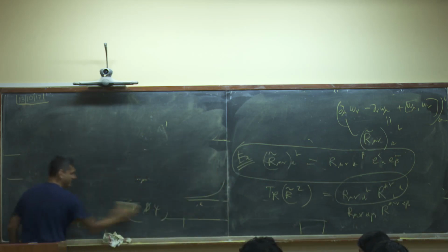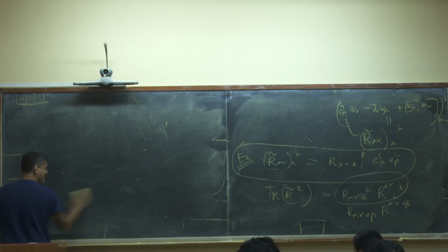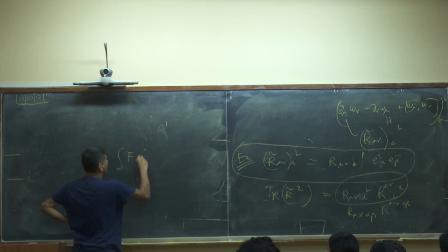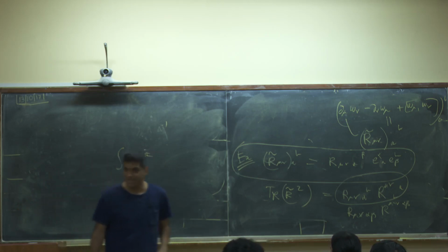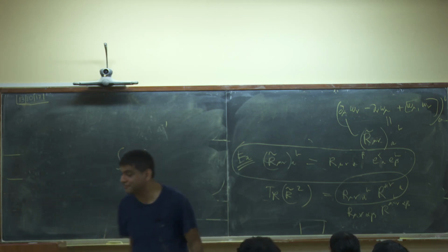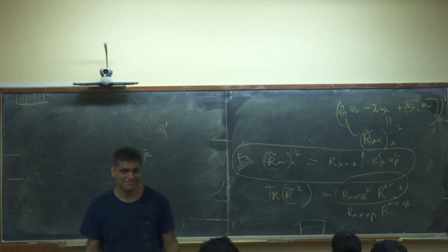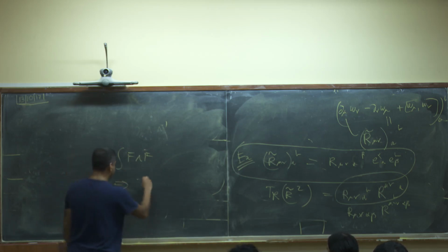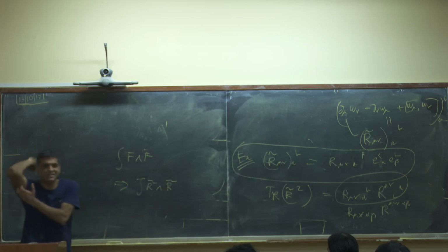Most of you know that the quantity integral on a four-manifold, F wedge F, is a nice, interesting topological invariant. Okay, this is true independent of gauge group, and therefore it implies that the integral of R tilde wedge R tilde is a nice, interesting topological invariant.